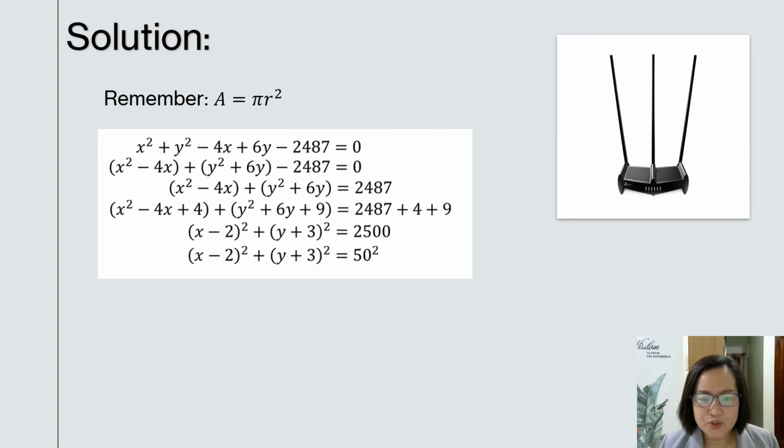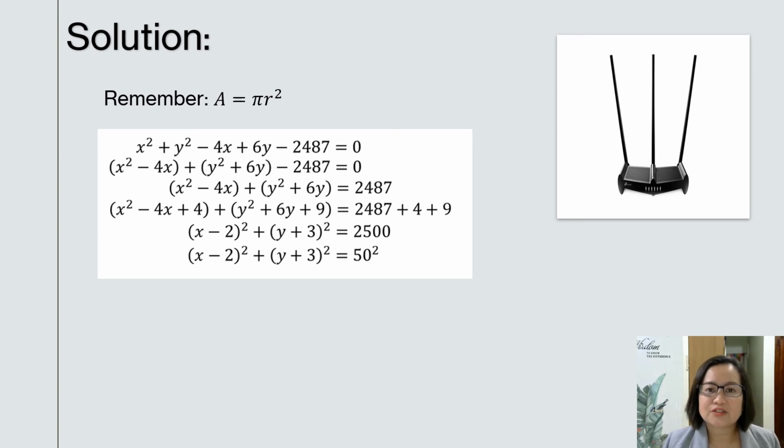On the other group, which are the terms having variable y, we consider the coefficient of the linear term 6y. 6 divided by 2 is 3. Squaring that, we will have 9. So the trinomial will become y squared plus 6y plus 9.